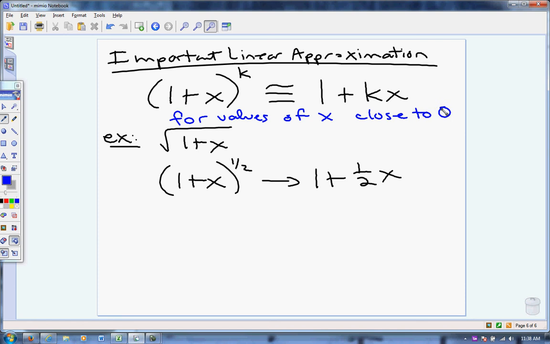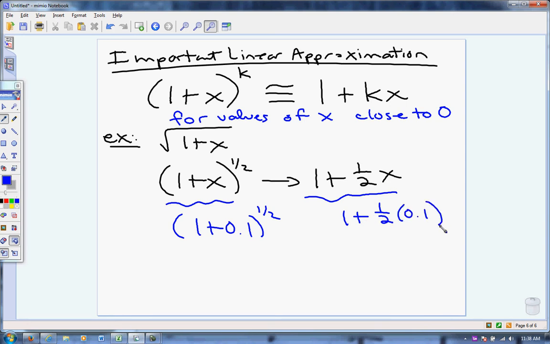In other words, these two resemble each other when we get close to 0, when we get really small numbers. Why don't we try, how about 0.1? Okay, let's just verify this. 1 plus 0.1 to the 1/2 power, and let's compare that to 1 plus 1/2 times 0.1.